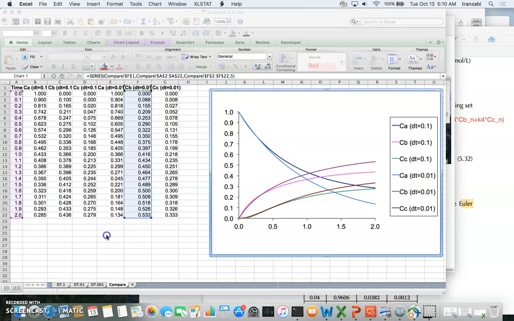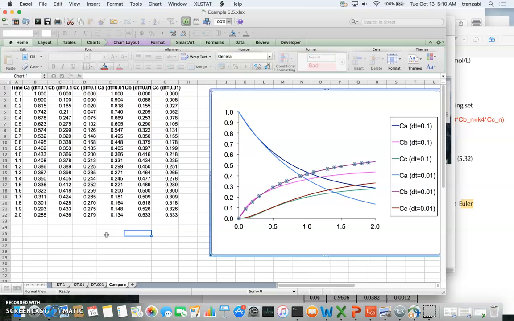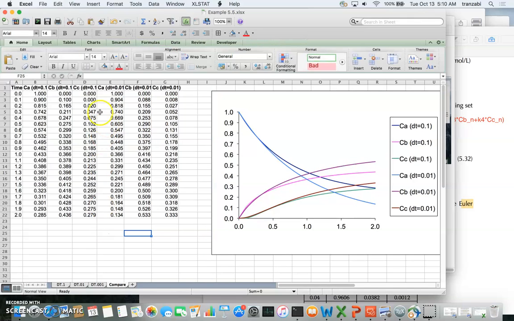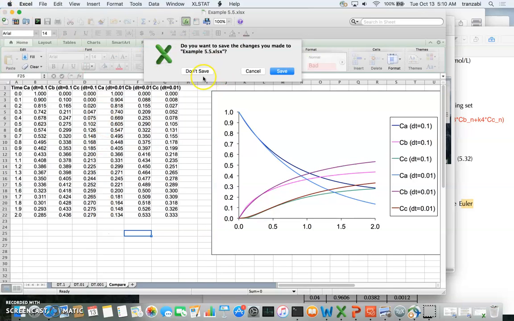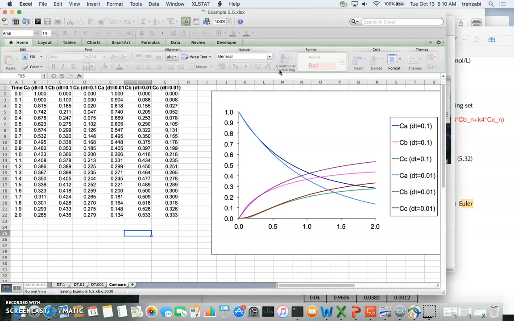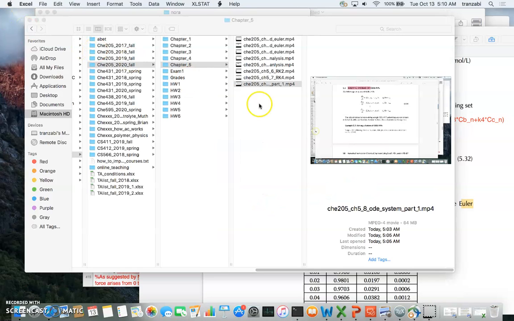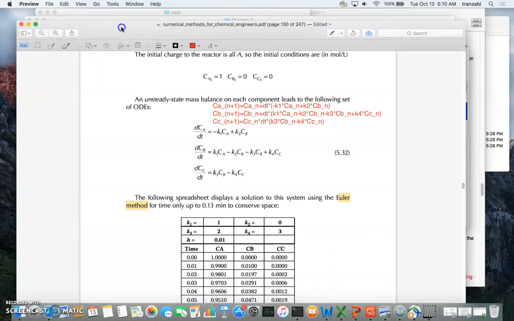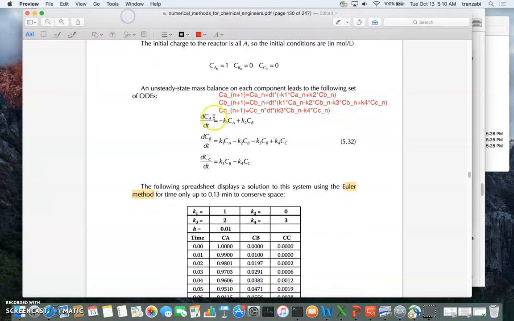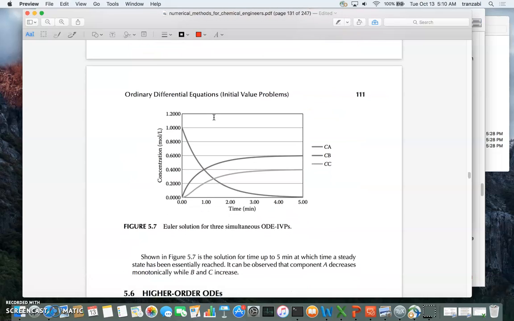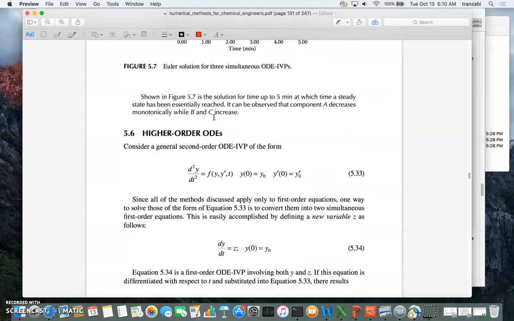So in the next example, I'm going to look at high order derivatives and how we can convert them into a system. So let me close that. Okay, so we're going to look at converting higher order differential equations to a system of differential equations.